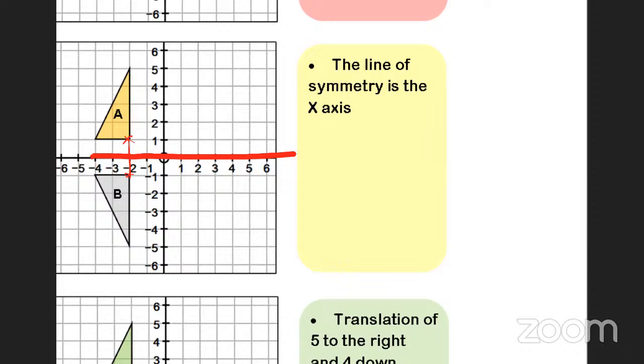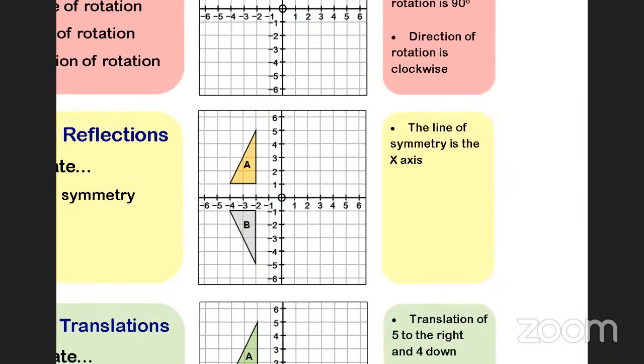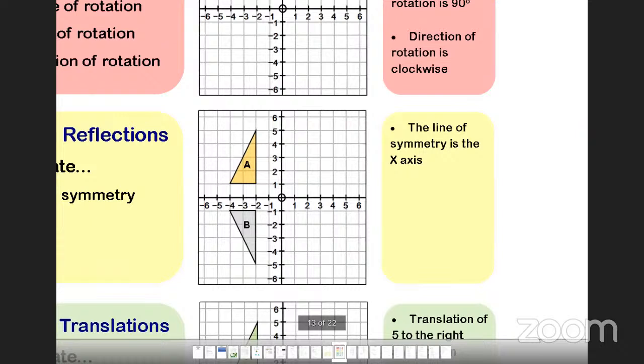So write it down. To get the mirror line, connect the point and its image and bisect it. I'll have to add this to the summary.